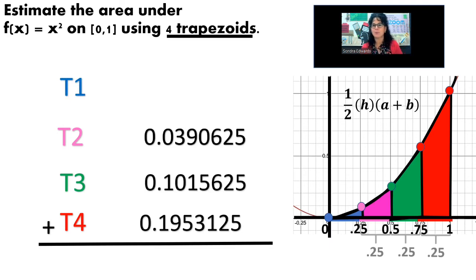And then the blue trapezoid, which is really a triangle. Sure, you could use the area formula for a triangle, and you're going to get the same answer. I'm just going to follow the pattern, though. The distance between the parallel ones, because this doesn't really have any length there, is still going to be 0.25.